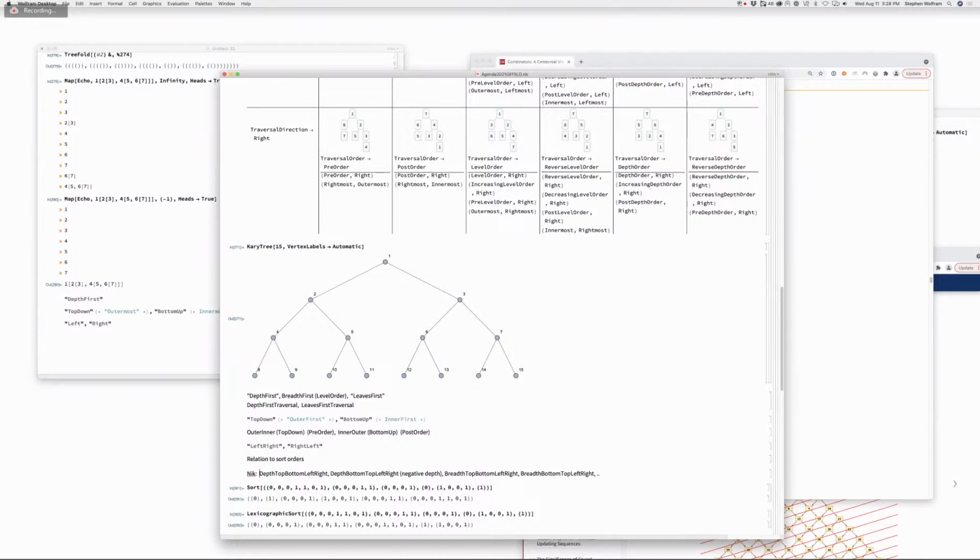The only thing that's bothering me is that depth first traversal, top down, left, right, is different from depth first traversal, left, right, top down, correct? Yes. It's not terrible.